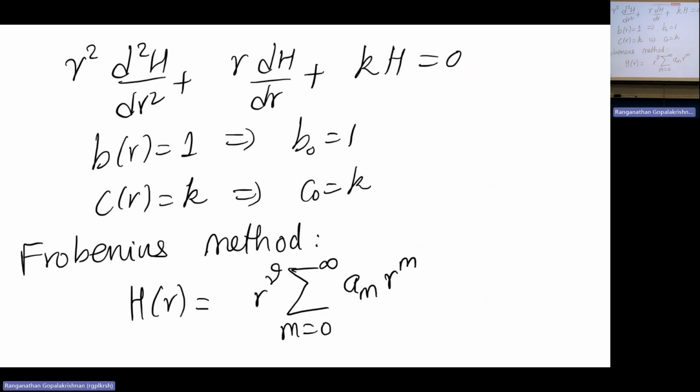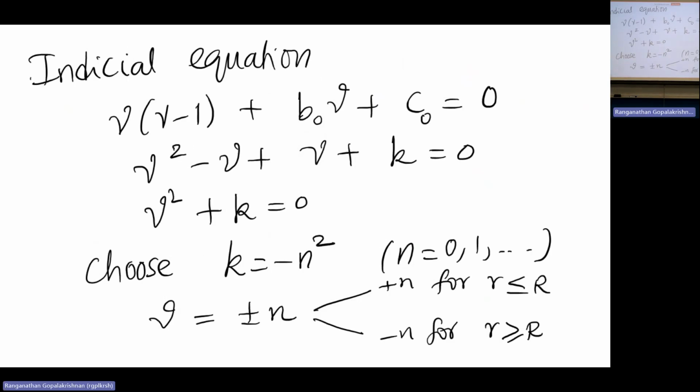So you write that, you arrive at this equation: nu squared plus k equal to 0. Until now, we have made no presumption about what k is. Here we choose minus n squared, which I did. I didn't try to copy this from any book.